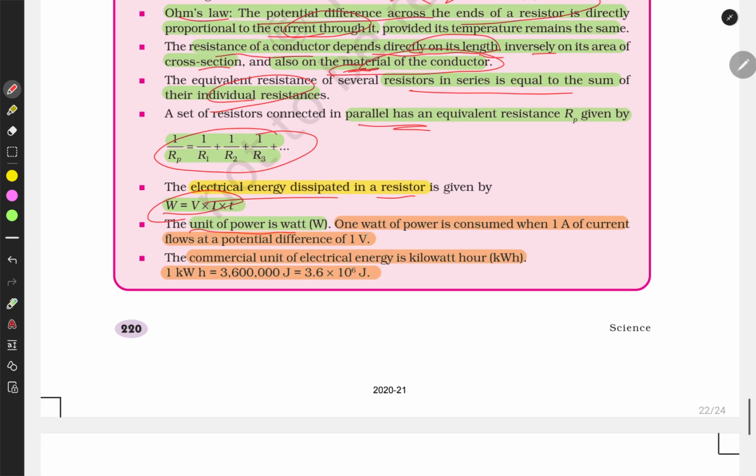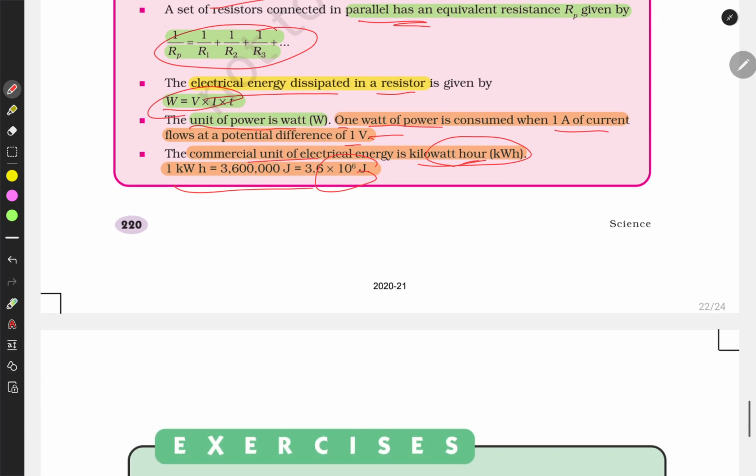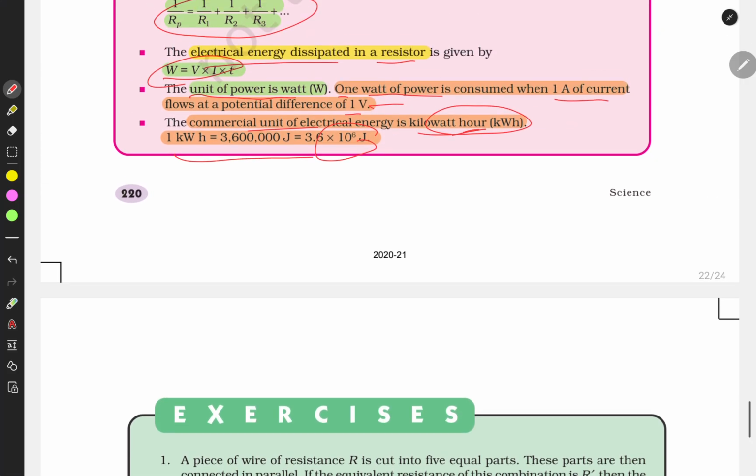The unit of power is the watt: 1 watt of power is consumed when 1 ampere of current flows at a potential difference of 1 volt. In commercial units we use the kilowatt hour, and 1 kilowatt hour is 3.6 into 10 to the power 6 joules of energy. Here ends this chapter.